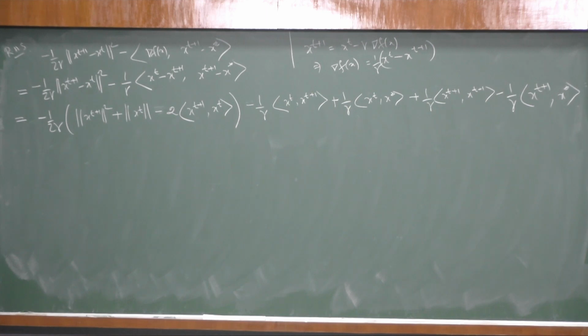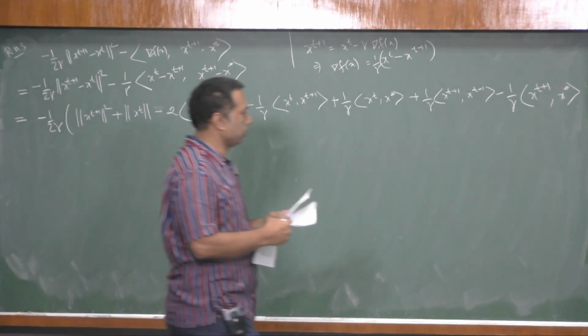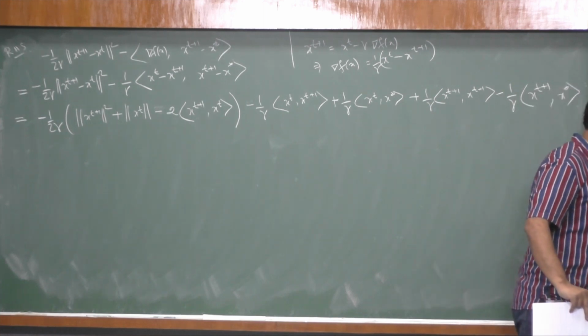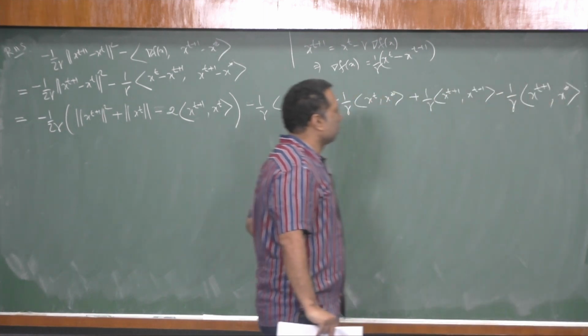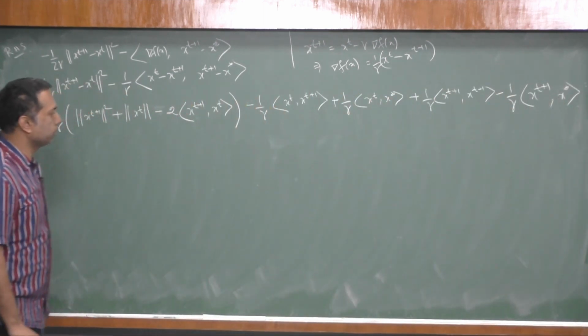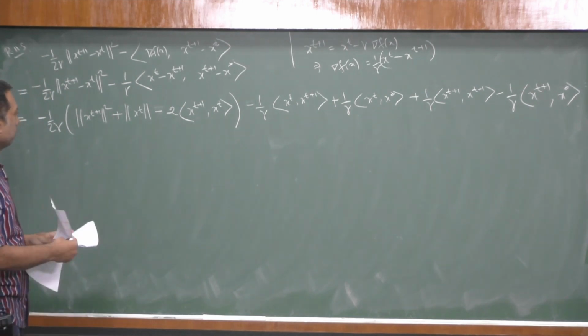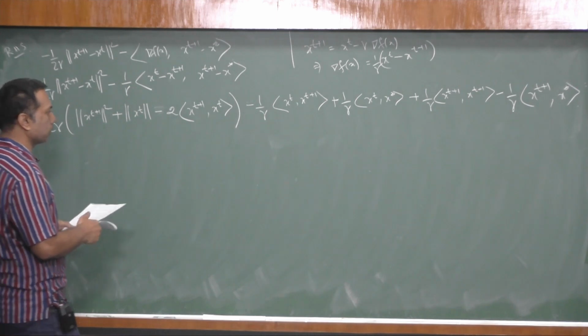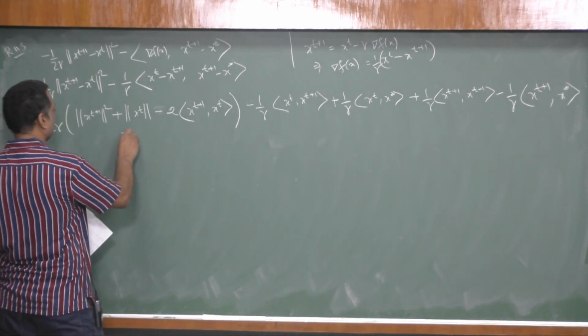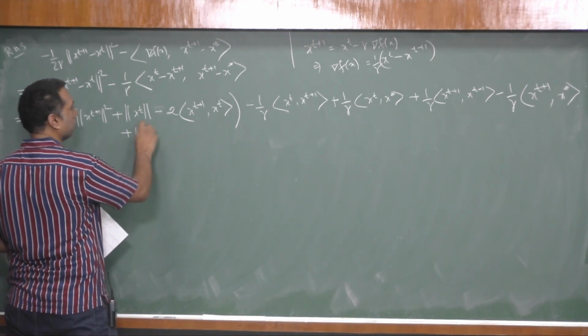So it seems like I will add and subtract the norm of x star squared. Actually, norm of x squared indeed gets subtracted here as well because of this. So that's what we do in these cases: when we don't see a term, we add and subtract, and that will take care of itself. So certainly we have to add and subtract norm x squared, because it will never come from here.